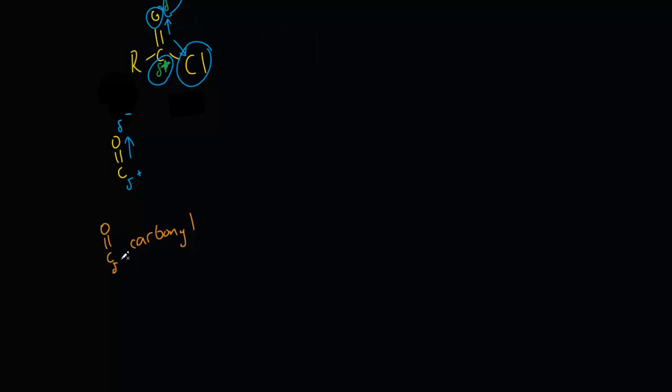It's kind of drawing electron density away from that nice neutral carbon to put a small charge on it, a partial charge, which is what that delta plus means. Small Greek letter delta means change, so small change, right?